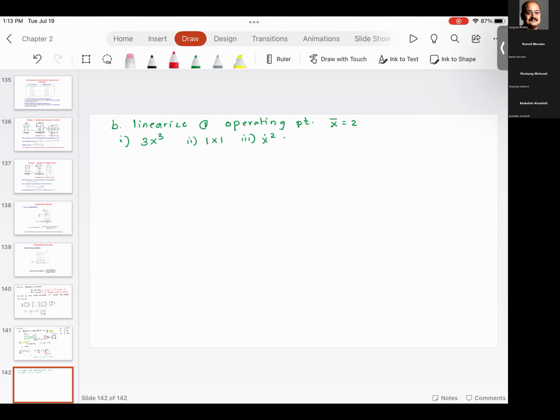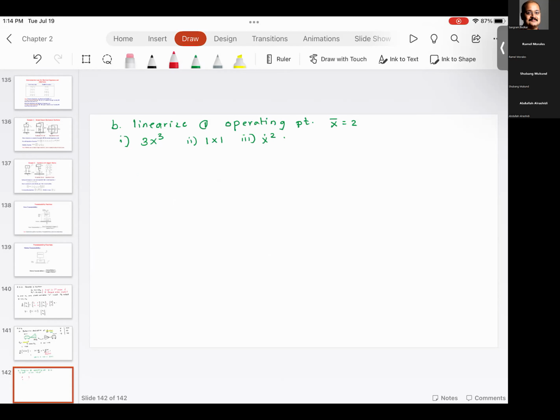If we want to linearize this, this is going to be the Taylor series expansion. Let me write the Taylor series expansion first.